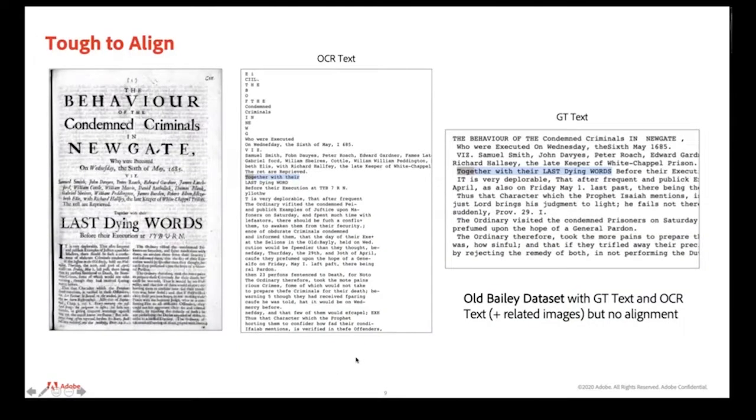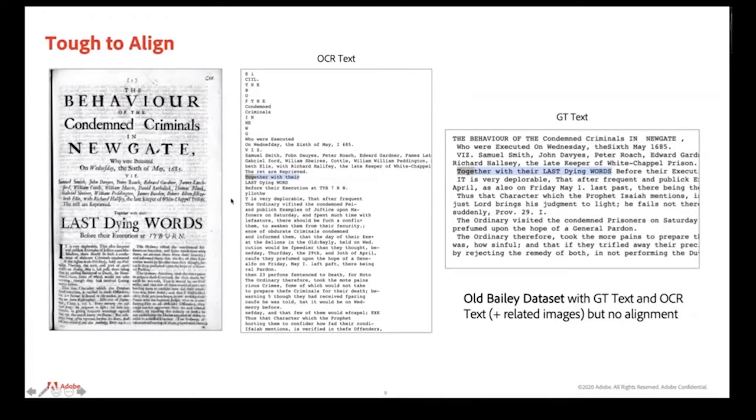So our hero BERT starts off by taking these pages and looking at the actual OCR text. This particular data set actually has the ground truth text, so he looks at both of them. But as you can see, there is a complete lack of alignment. For example, this part together with there, which lies here, and then it's easier to have, let's say, together with their last dying words in the ground truth text.